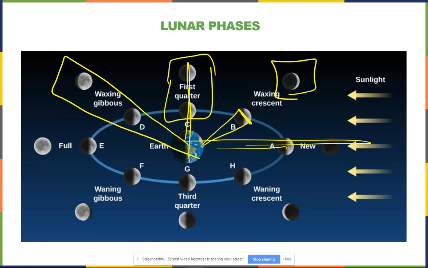Gibbous, pregnant, more than half. And then when it's opposite the sun, it's a full. Keep going around, it's going to start diminishing. So we call that waning. So we'll go through a waning gibbous. The third quarter, the first quarter half would be second quarter, third quarter, and then new, you start over. And finally, the waning crescent.